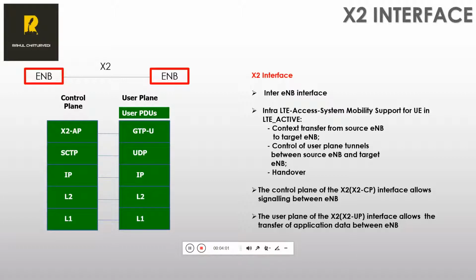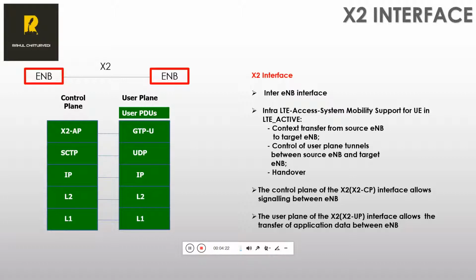Coming to the details now: the X2 interface is the inter-eNodeB interface, with intra-LTE access system mobility support for UE in LTE active, context transfer from source eNodeB to target eNodeB, and control of the user plane tunnels between source eNodeB and target eNodeB during handover.